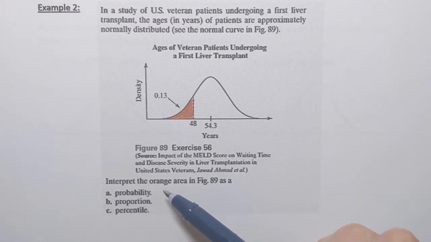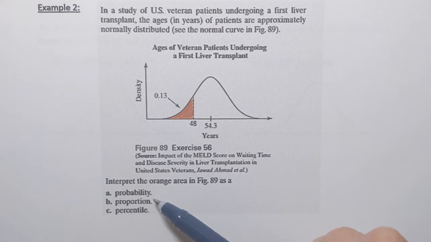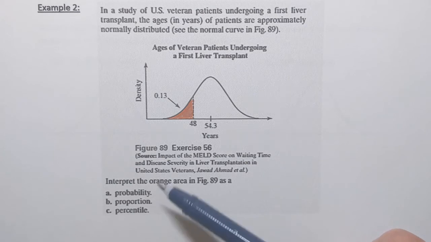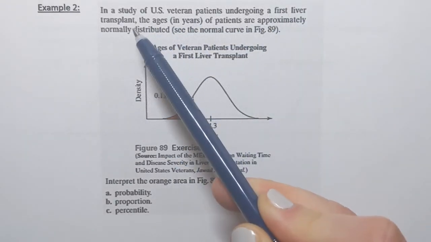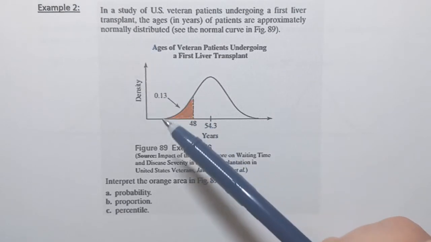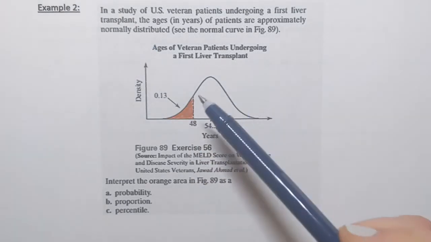So let's try that. Every time we interpret that area as probability, we start with words like, probability that a randomly selected, and then we use words from the example. So in this case, it's going to be probability that a randomly selected US veteran patient undergoing a first liver transplant. What about that randomly selected patient?